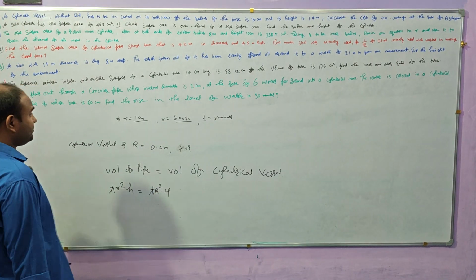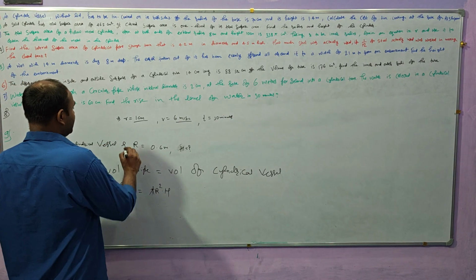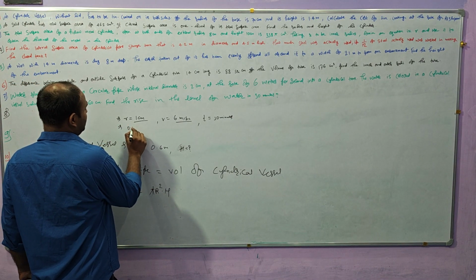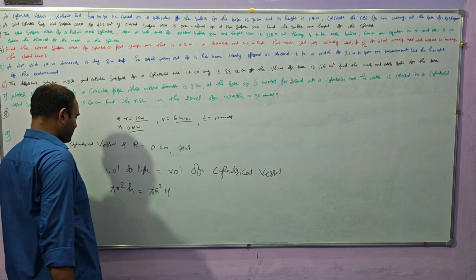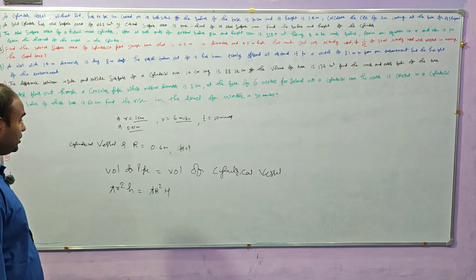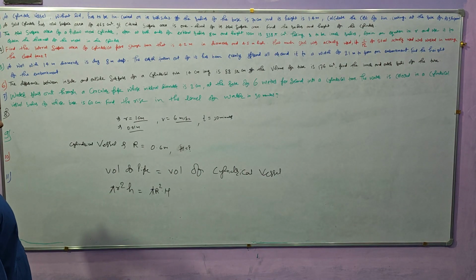Pi cancel. 1 centimeter just becomes 0.01 meter. And we need to find out the rise in level.